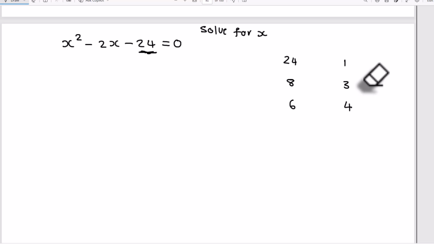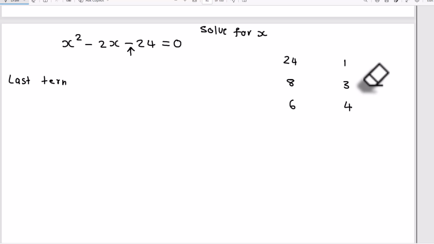Now remember, when you talk about a term, it must go with its sign. So this is not just 24, it's negative 24. When I say the middle term, it's negative 2x. So you must consider the signs. Now, listen to me carefully.